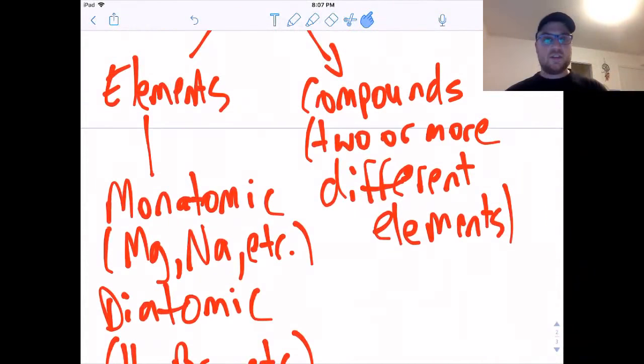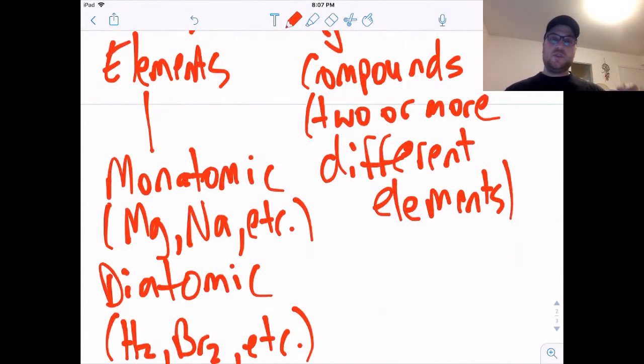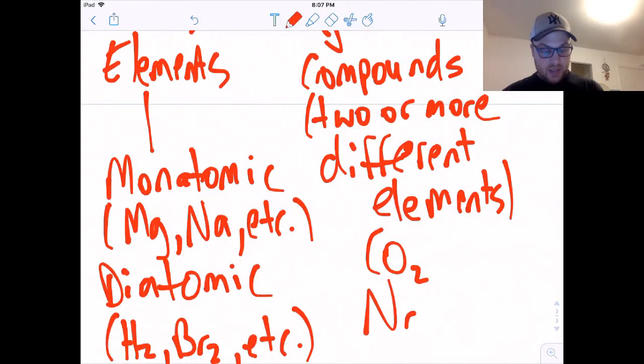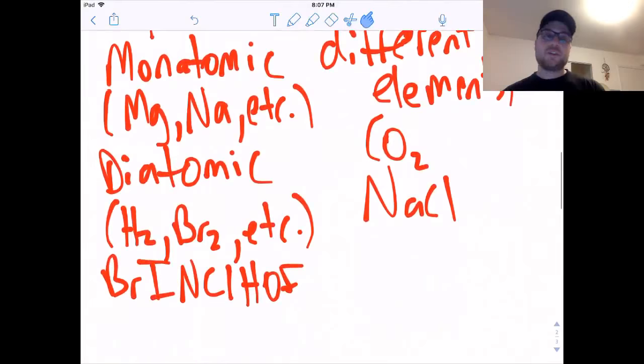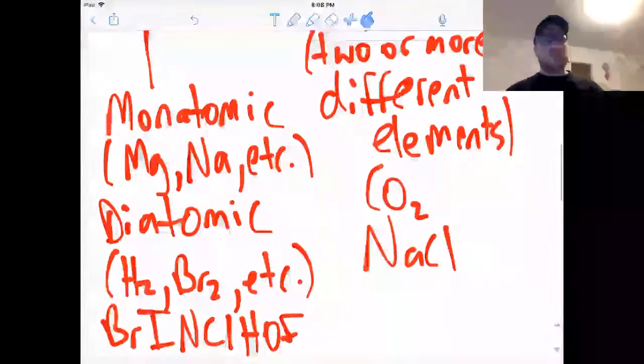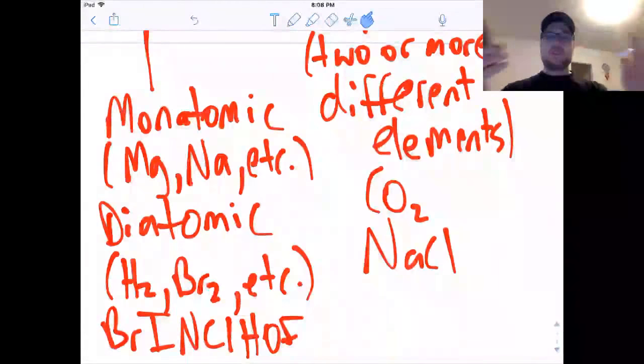Ever since we've been doing chemical changes, we've been talking about compounds a lot. So anytime you combine two or more different elements, you know, CO2, NaCl. I'm not going to go over the types of compounds. We're not focused on molecular and ionic today. This is very straightforward. What is the first thing we started doing in this class? Review. So just take two different elements, throw them together, and you have a compound.